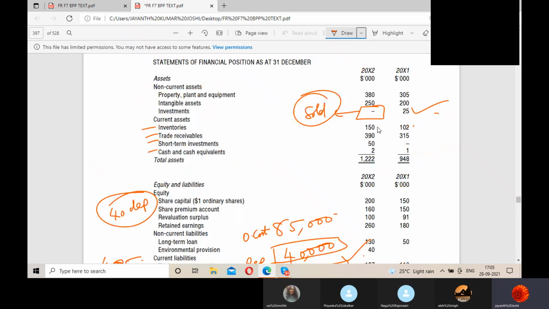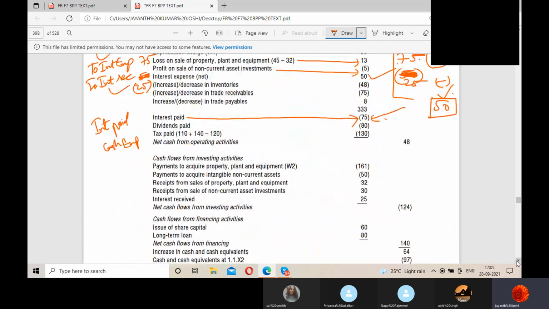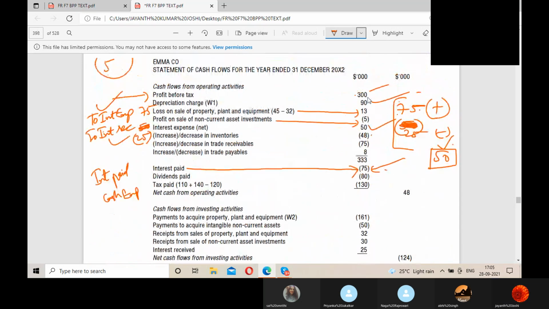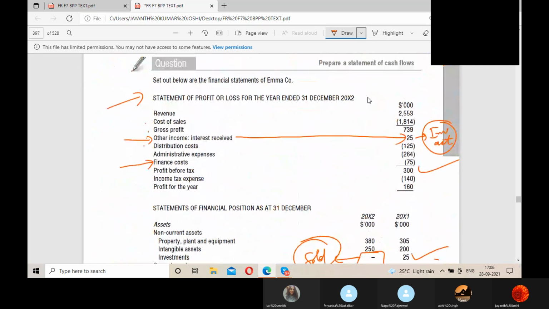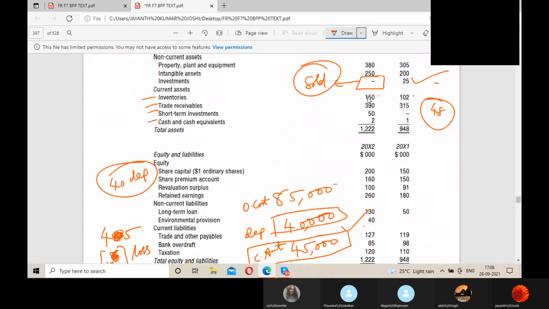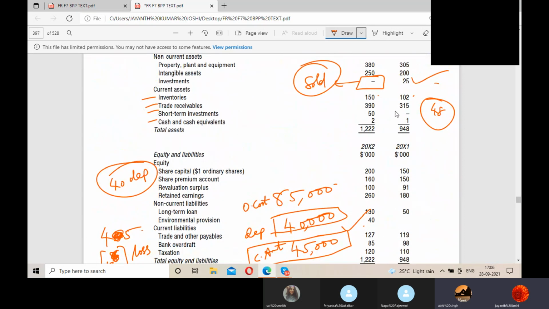Our inventory was 102, now it is 150. So the inventory we have purchased, correct? How much? 48. So cash outflow, so we'll take 48. Now trade receivables increased.